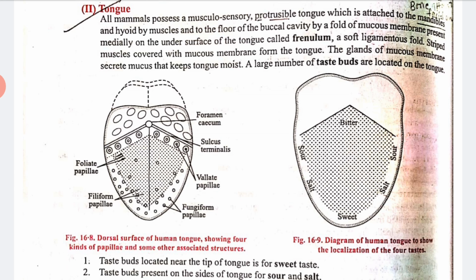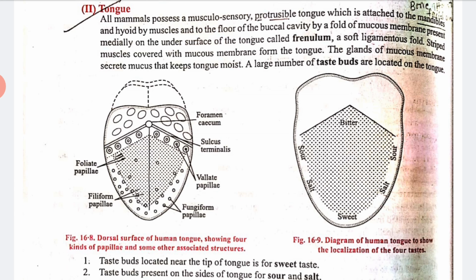Now see the vallate papillae in this structure. These are 8 to 12 in number, arranged in an inverted V shape near the base of the tongue, and they are large in size. Clear? Now fungiform papillae. These are numerous, rounded and bright red papillae, smaller than vallate but larger than filiform papillae, and they are found at the tip and margin of the tongue.